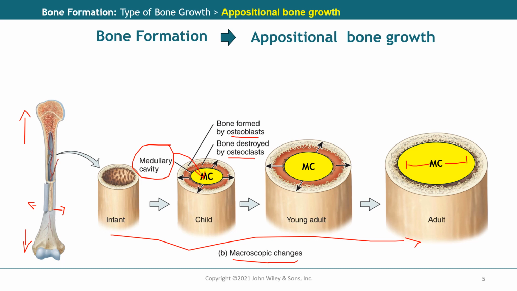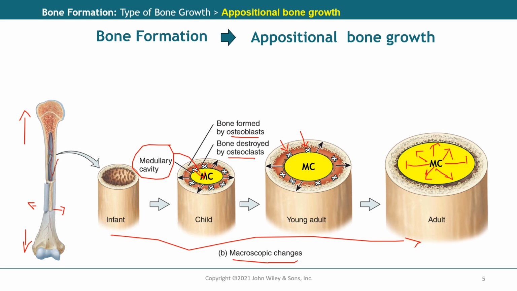So the osteoclasts, that you will see here with this white cross, will be reabsorbing, destroying the bone. So this will allow the medullary cavity to keep increasing and increasing. So the old bone on the outer region is going to disappear.